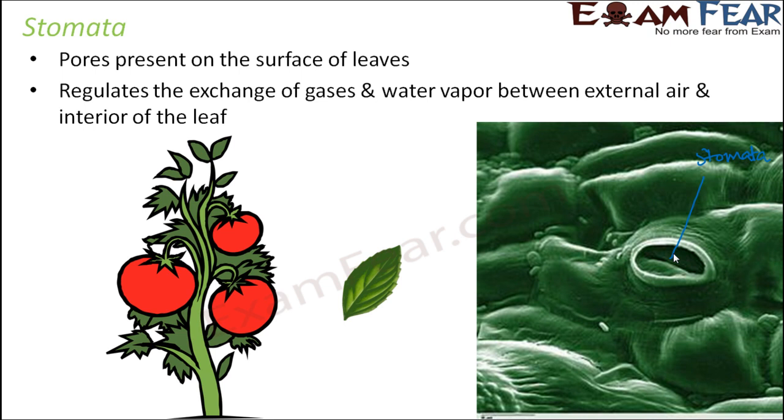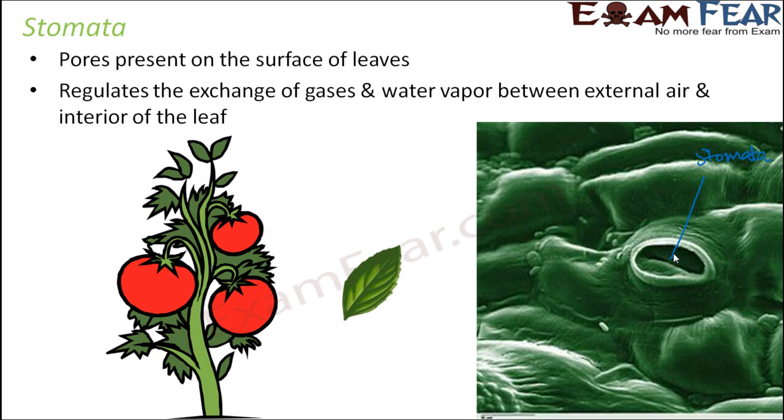Correct? So these stomata are also like the windows of your house. They open and close, and that's how they regulate the exchange of gases. They regulate means they take in an appropriate amount of gases and give out an appropriate amount of gases. So they maintain the balance of gases and water vapor between the external environment and the inside of the leaf.